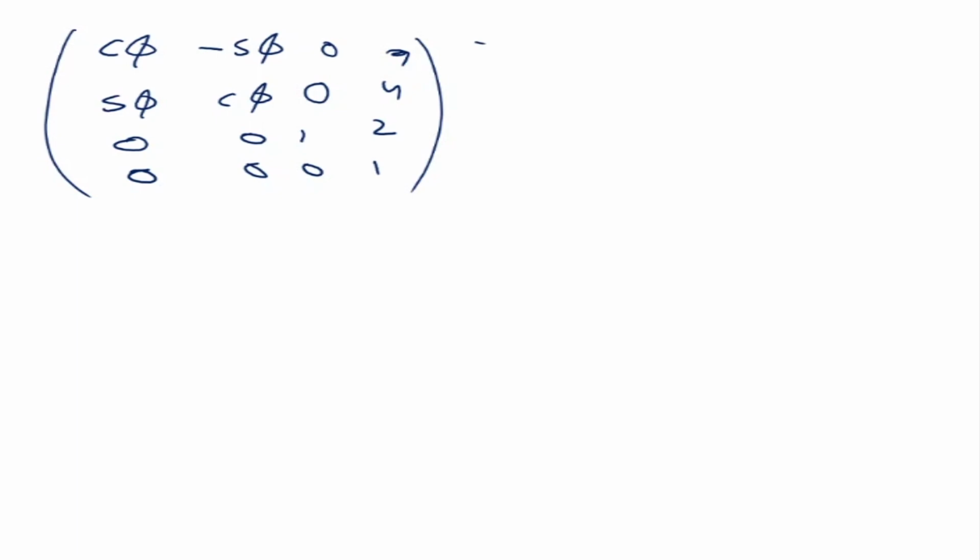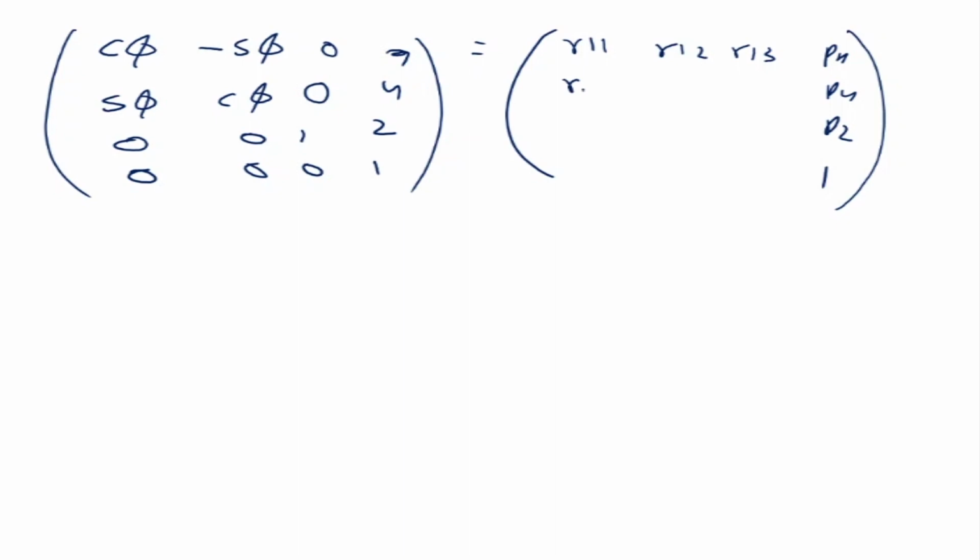And the right hand side, for the Puma robot, you have r11, r12, r13 and px, py, pz and 1. So r21, r22, r23, and here you have r31, r32, r33, 0, 0, 1. Okay, now we are trying to solve this system of equations.